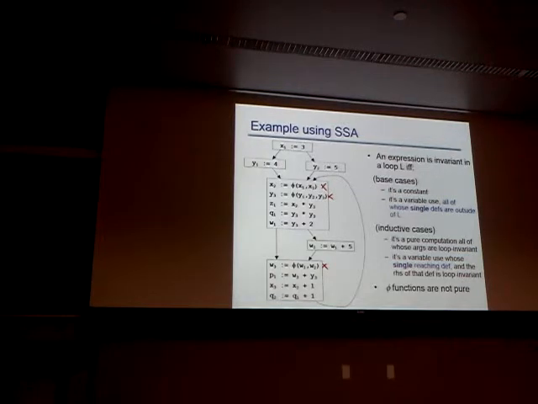Well, x2 comes from the phi, and that's not loop invariant. y3 comes from up here, and that's not loop invariant. So this is also not loop invariant. The y3 again not loop invariant. Okay, w1, where does that come from? Oh, it comes from right here, but that's not loop invariant either.